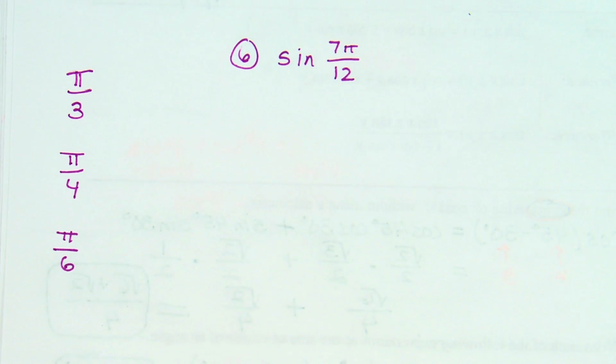Now, 6 through 10 are all radians, and they all have denominators of 12ths. But what do we have in our chart?